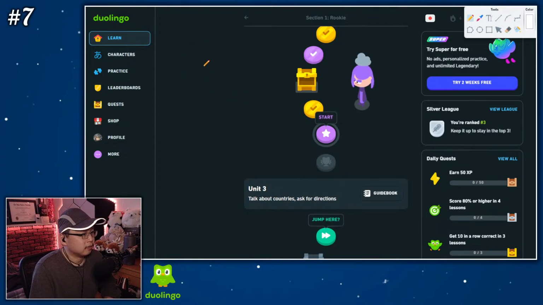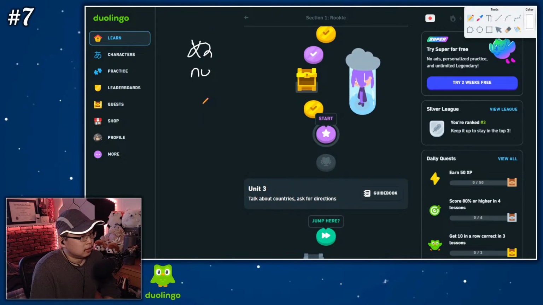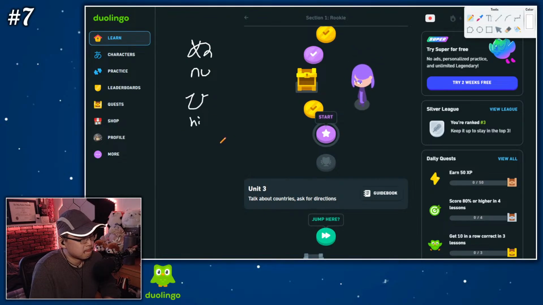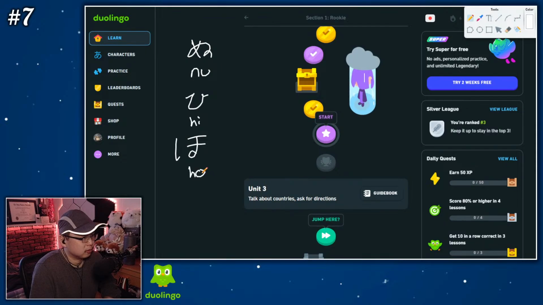And then for our 4 new characters, we have this, which is new, right? E. O. It's taking me longer to find the Romaji now.